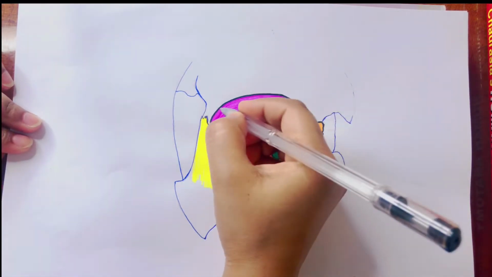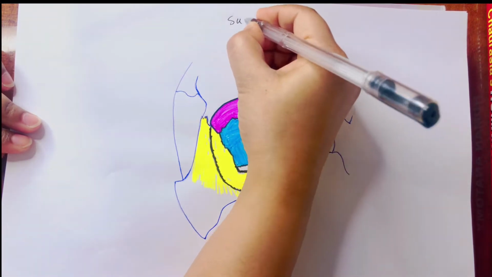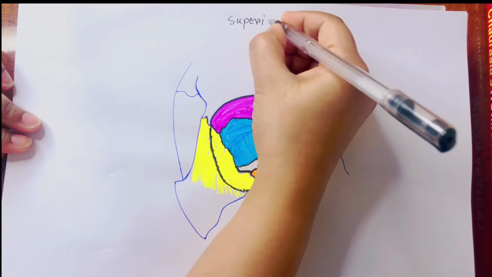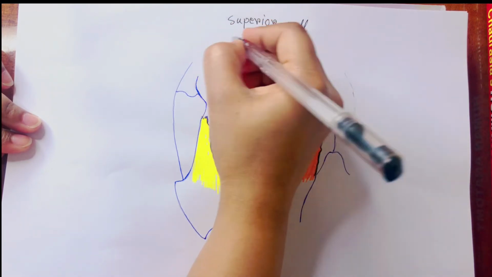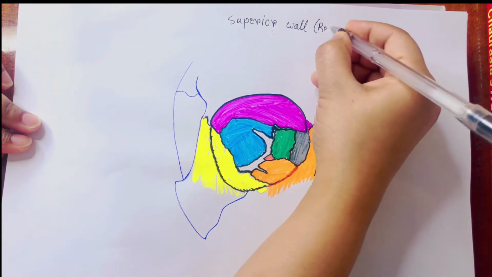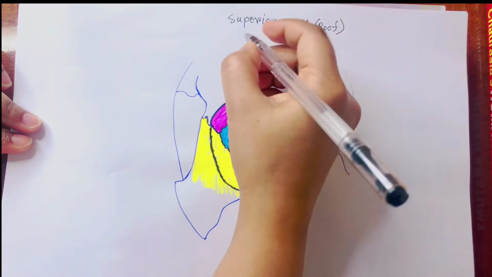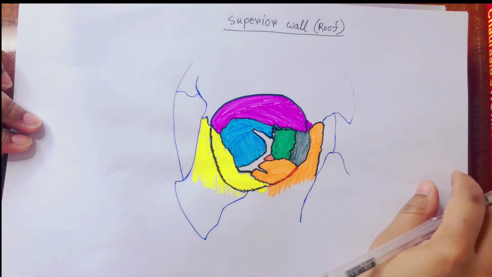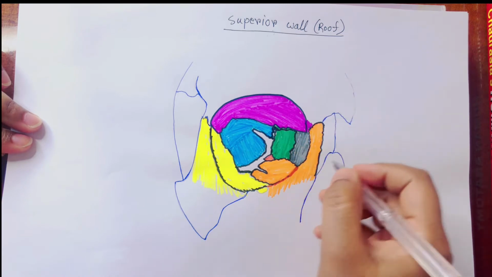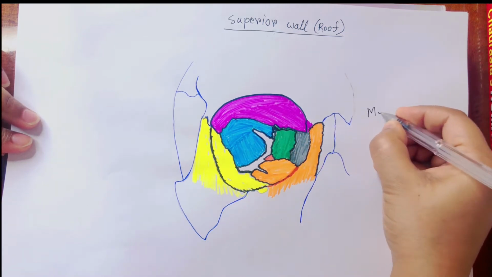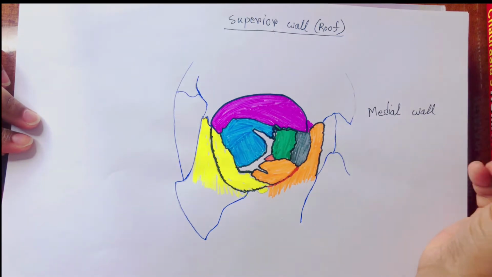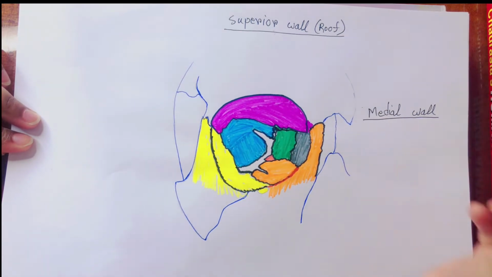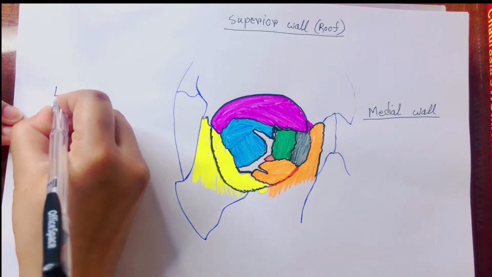This is superior wall, or roof of the orbit. Then this is medial wall. Then this is lateral wall.